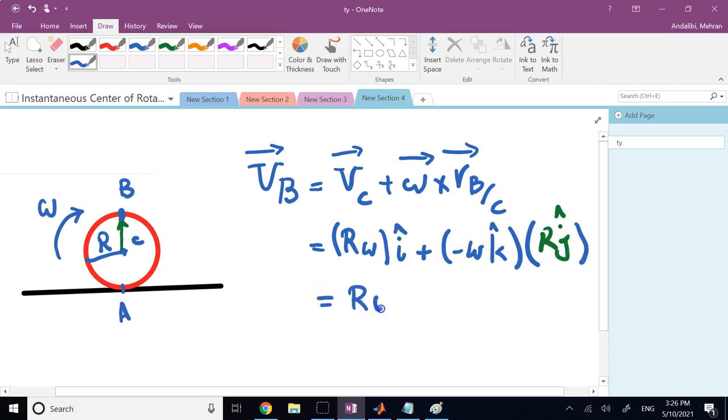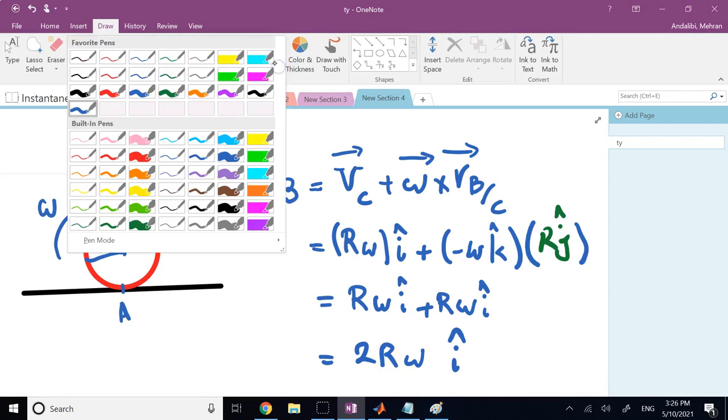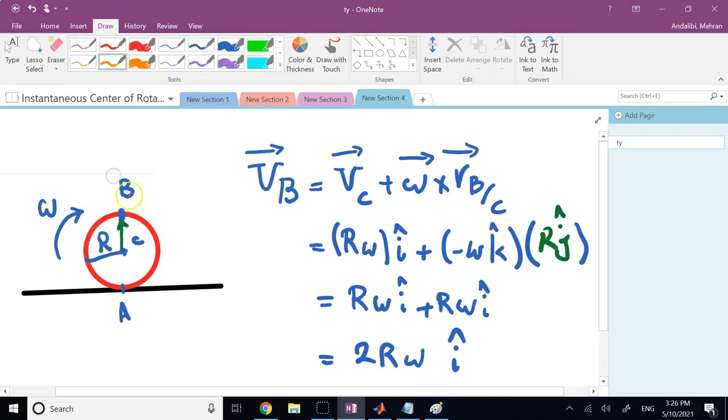So it's going to be R omega I plus another R omega I. So this is going to be 2 R omega I. So magnitude of it is 2 R omega, and direction of it is to the right side. Okay, so if you want to plot that, show it here, it is going to be like this. For the center, it was R omega. For the top point, it is 2 R omega.